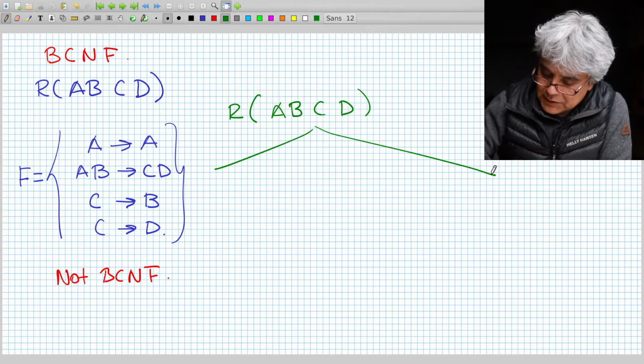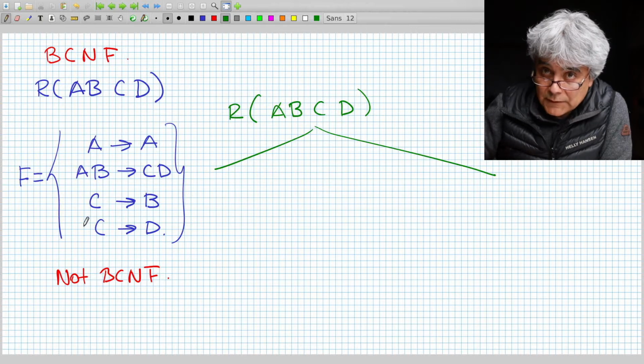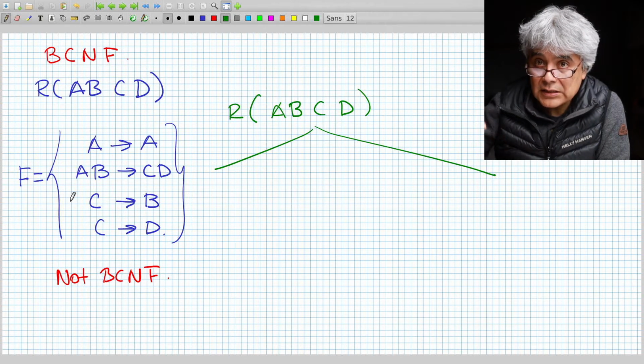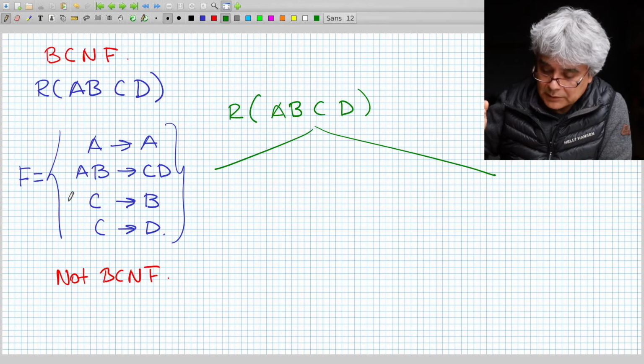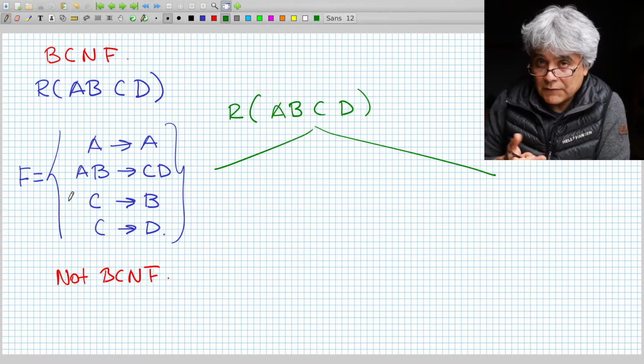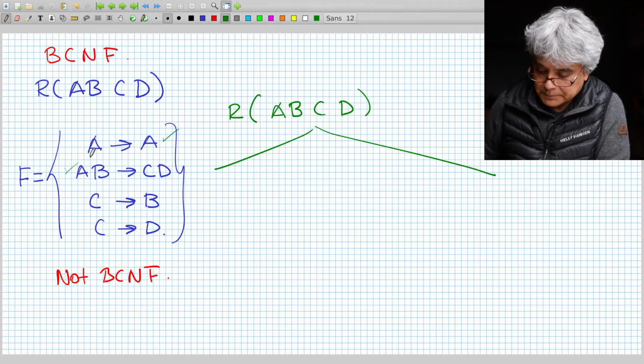Remember, if this relation is not BCNF, then at least one of these functional dependencies does not satisfy the BCNF requirement. What is that? That either the functional dependency is trivial, or the left-hand side is a superkey.